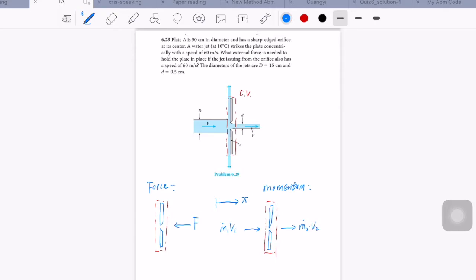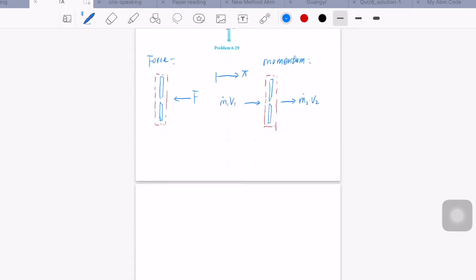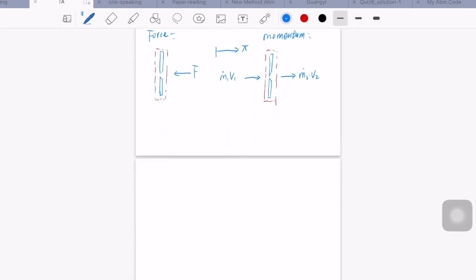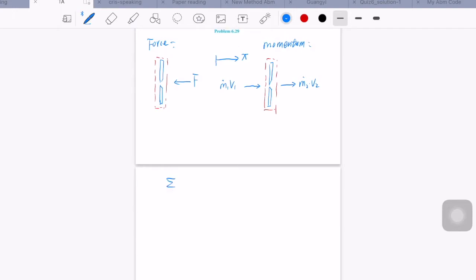And now we need to apply the momentum equation in the x direction. So we know that sigma F should be equal to m0 dot times Vo minus mi dot times Vi.